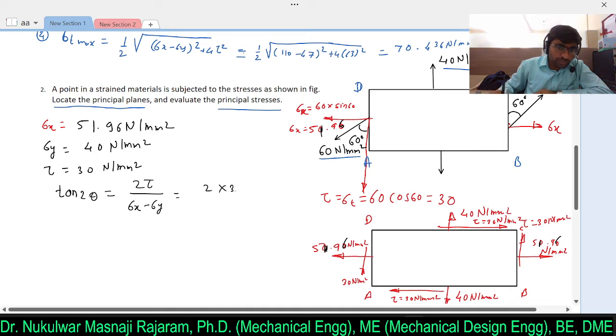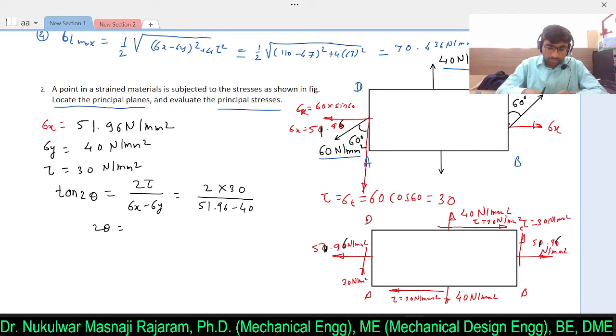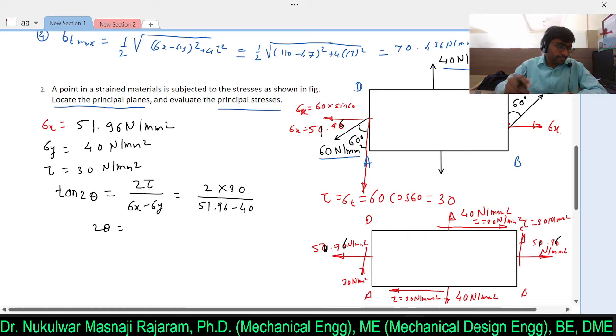So that will be equal to 2 into 30 divided by 51.96 minus 40, which is 5.01. So theta will be equal to that divided by 2, so 2.50.